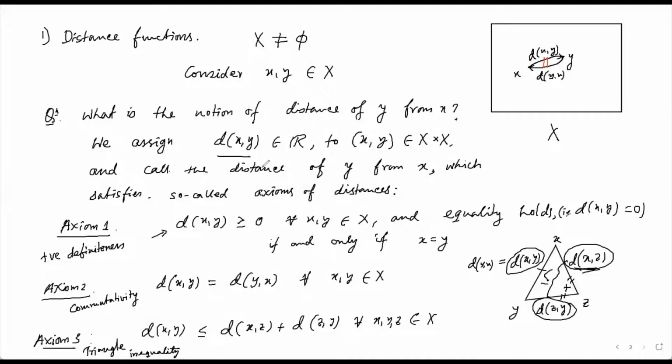So basically what is d? d is basically the notion of distance. d is a function with domain X Cartesian product with itself, and it is real valued, and it satisfies these three axioms, and these three axioms are the so-called axioms of distances.